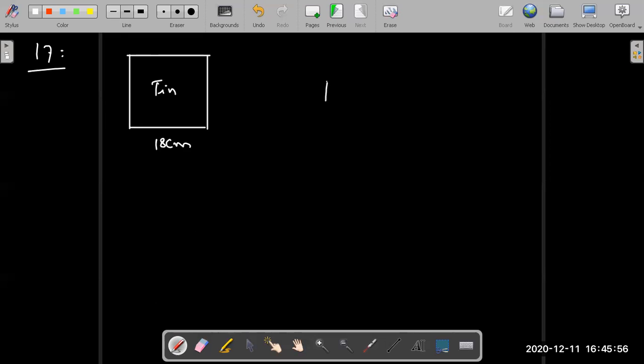It is to be made into a box like this, with the top open, like our sweet box or something like that. So it is to be made like this. By cutting a square from each corner, so they have to cut exactly the same square. Square size must be same in all the four corners. After they remove this, then they will fold it up. So this side they will fold it up, you will get this kind of a box.